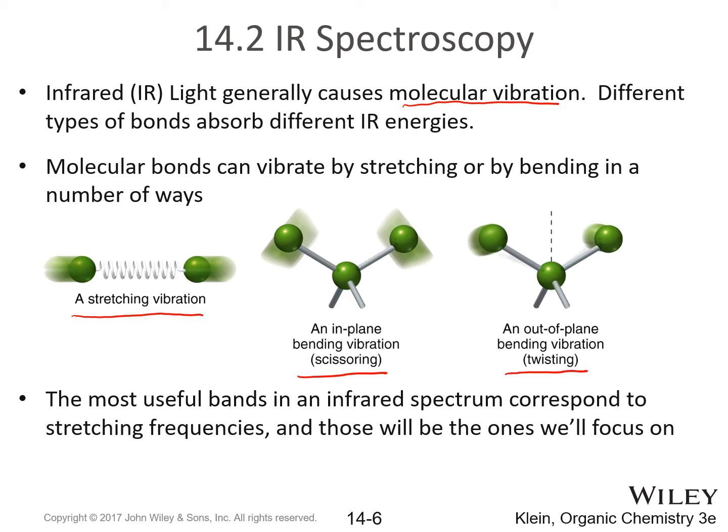So when we say infrared causes vibrations, we're essentially talking about that type of radiation causing the bonds to bend or stretch in a number of ways. So we're going to be focused on stretching frequencies, they're the most useful in identifying functional groups.